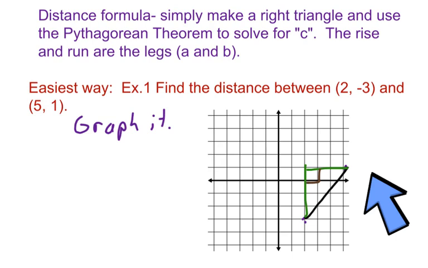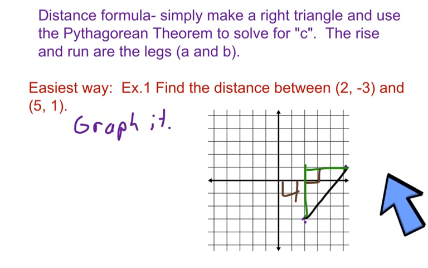Alright, now that you've done that with me, let's go ahead and count how tall it is. So the rise is up 1, 2, 3, 4. So I'm going to label this side 4 units. And then the run is over 1, 2, 3. I'm going to label that 3.